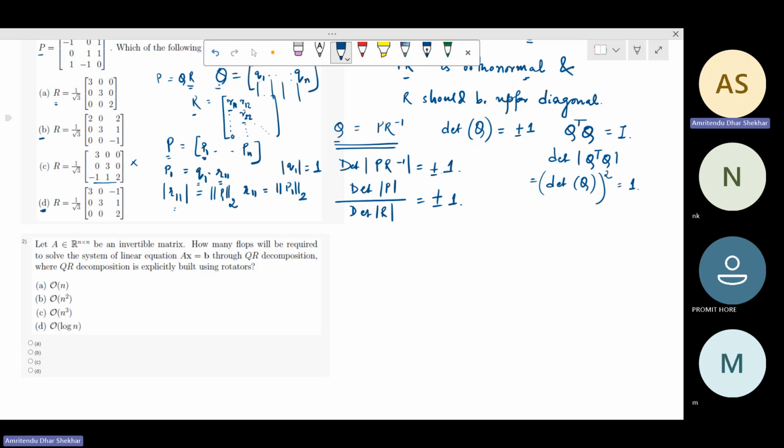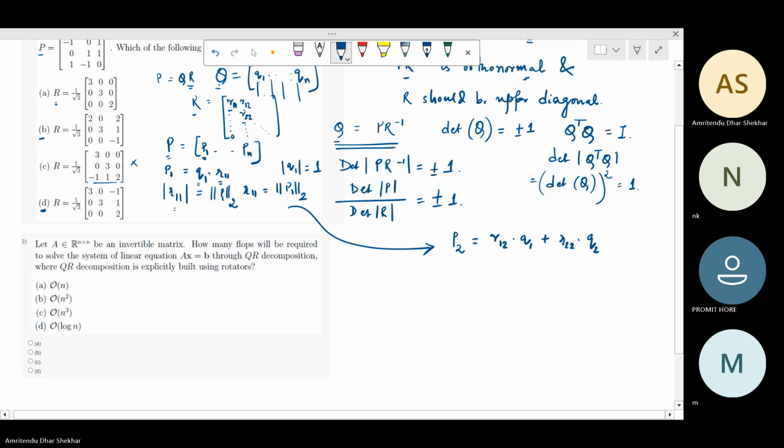So for the next column, what you do is this. You write this P2 as equal to R12 times Q1 plus R22 times Q2, right? So you know Q1. Well, what is Q1?